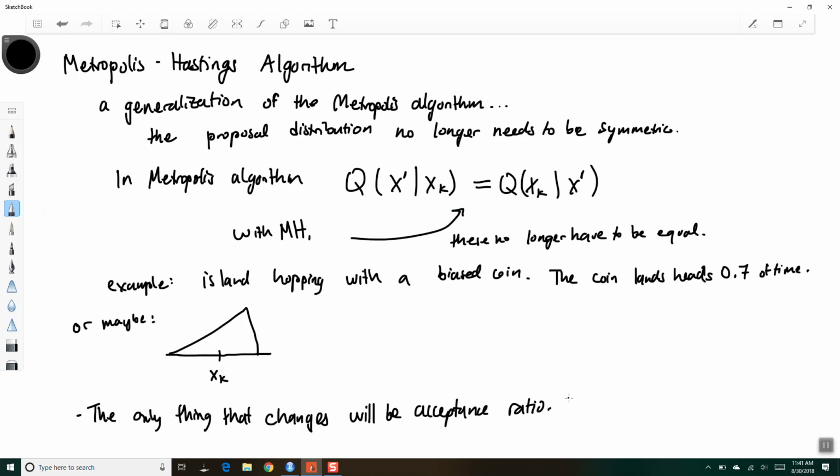The acceptance ratio becomes the min of 1 and the probability of your proposed value divided by the probability of the current, multiplied by the ratio between the relative proposal probabilities.